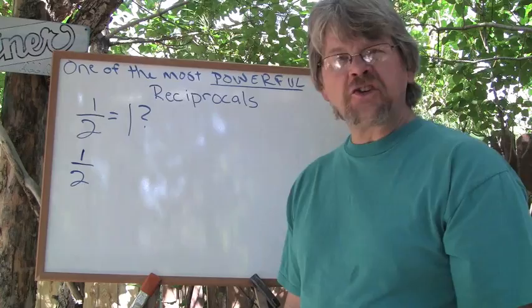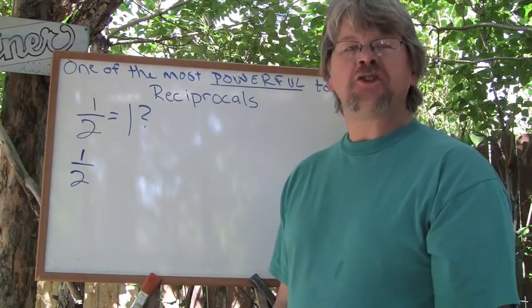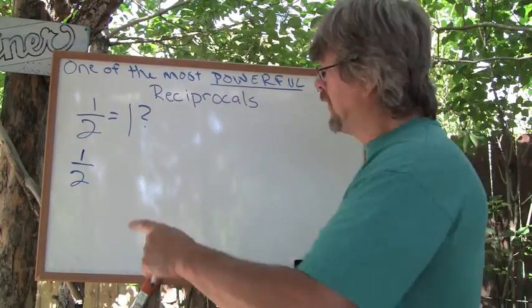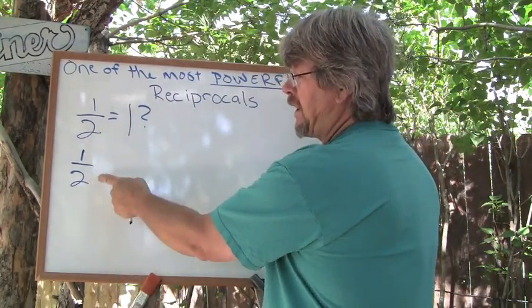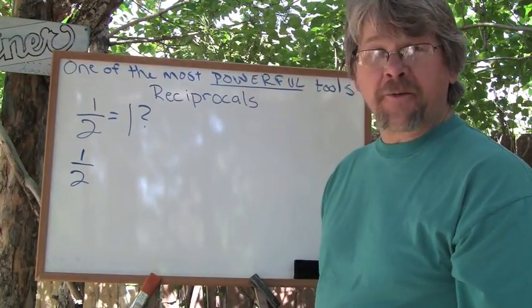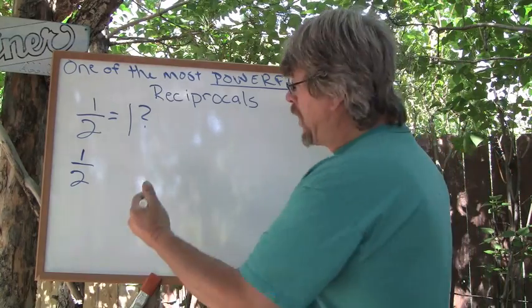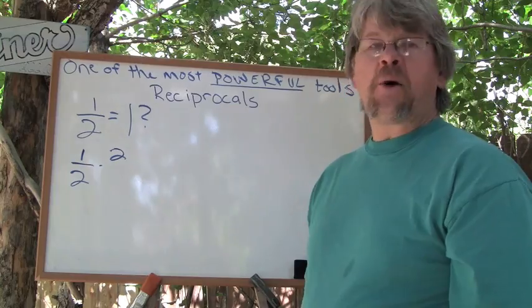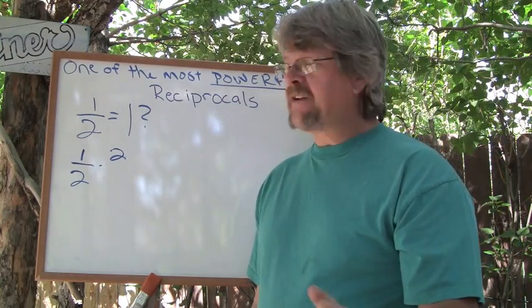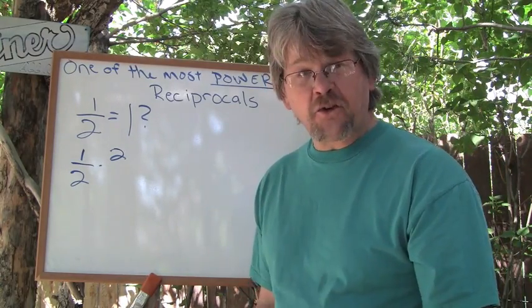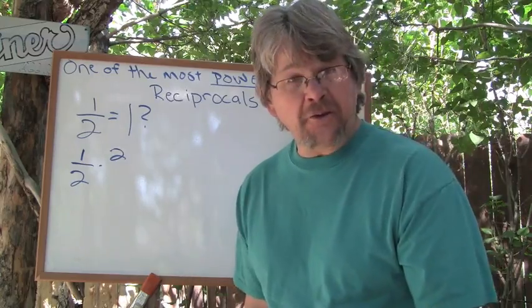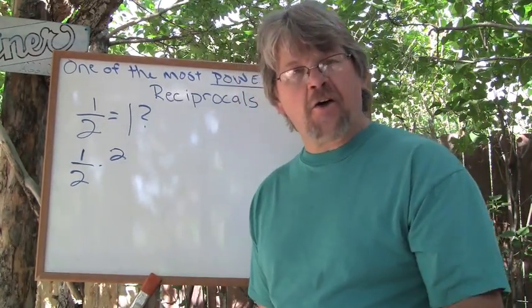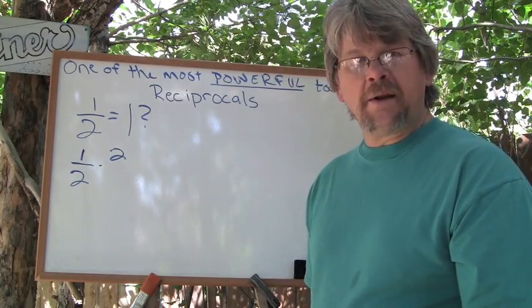In order to turn a fraction into the number 1, we need to make it equal on top and equal on bottom, on the denominator in a fraction. So we multiply 1/2 times 2. Now, any number, it doesn't matter whether it's a negative integer, it doesn't matter if it's one of the natural numbers, any number multiplied over itself equals 1.